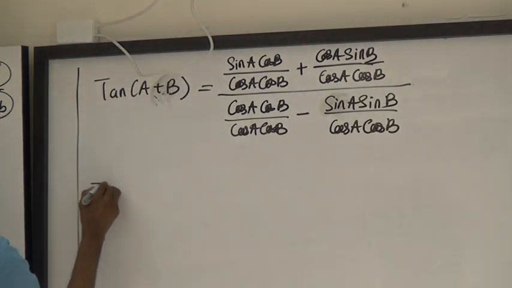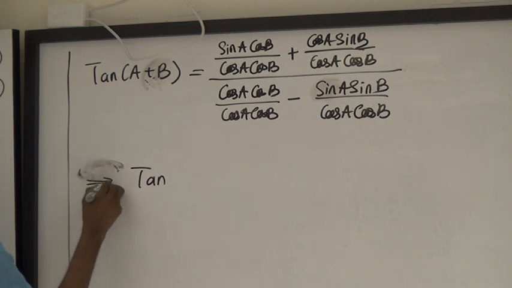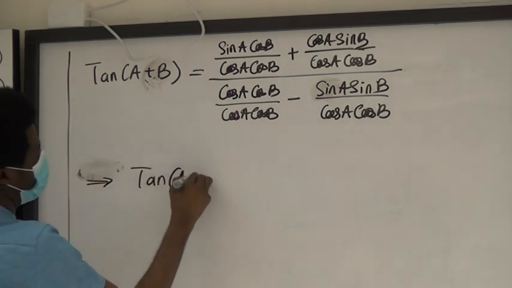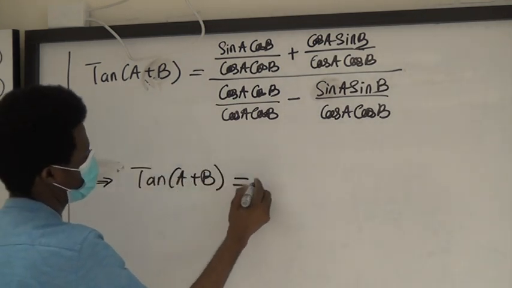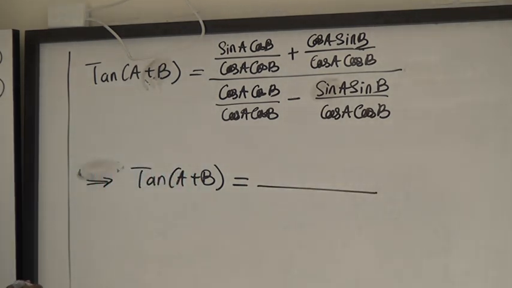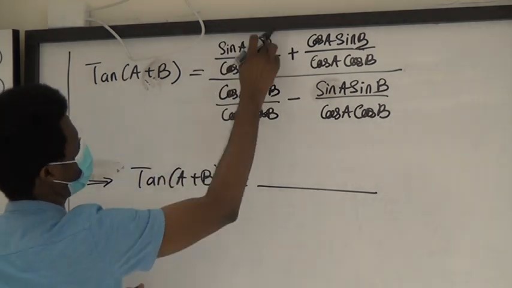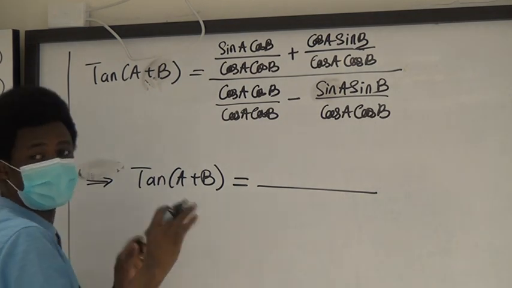Maybe we can write the answer now directly. So the addition formula for tan A plus B is equal to, yes? What's the first part? Are you confused? You don't need to look at this anymore. This is where we are now. Because this gives what? Tan A. What about the second one? Cancel, that's 1.